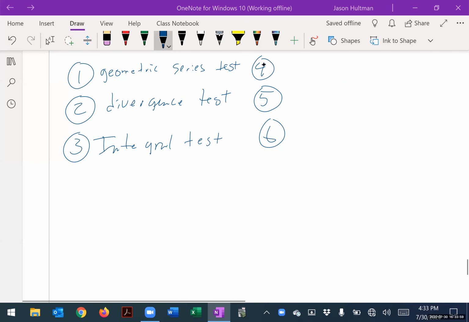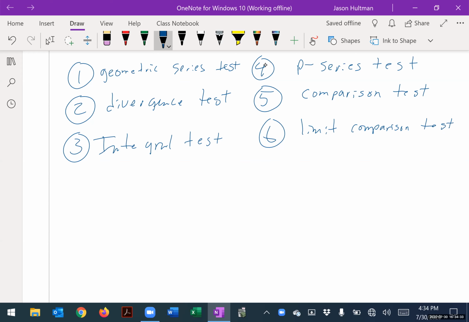The p-series test. What else? The comparison test. And what else did we get? The limit comparison test.